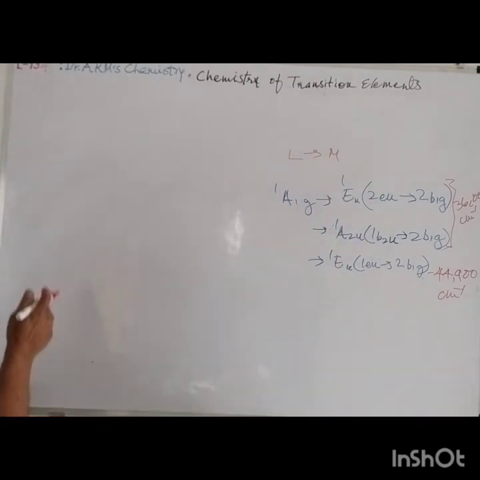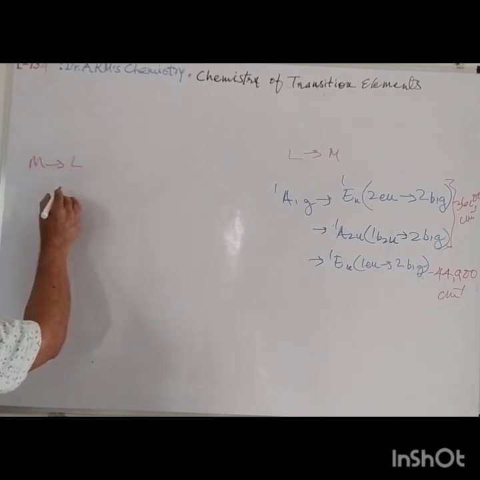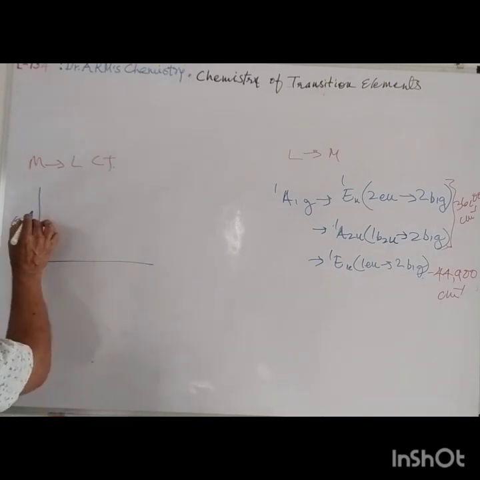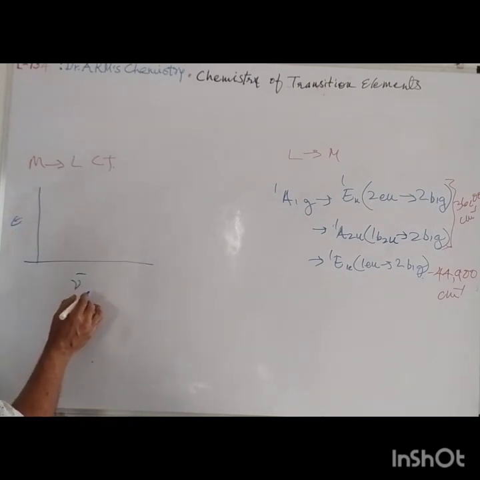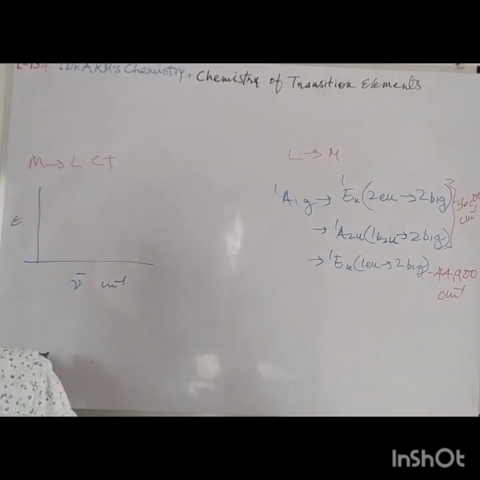Now we will see another absorption band. There we find metal to ligand charge transfer. Here the absorption spectrum appears like this. So this epsilon is there, nu bar is there per centimeter. Then we can have the absorption bands like this.